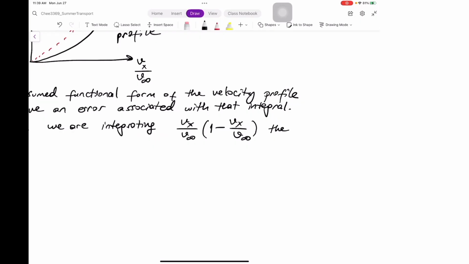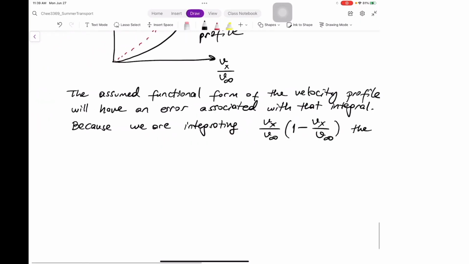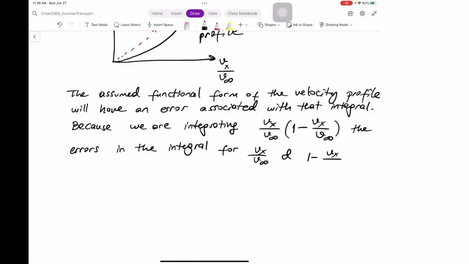The errors in the integral for Vx over V infinity and 1 minus Vx over V infinity.